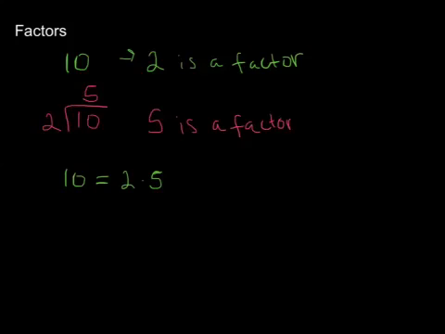If I want to take 10 and divide it by 2, I'm asking how many times does 2 go into 10? And it goes in 5 times, so 2 times 5 will equal 10. And this idea applies for any number, right? You could take some number like 188. You know 2 is a factor because it's an even number, and you could find another factor of 188.